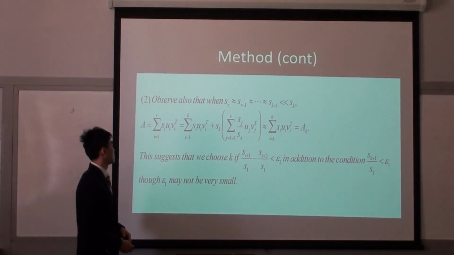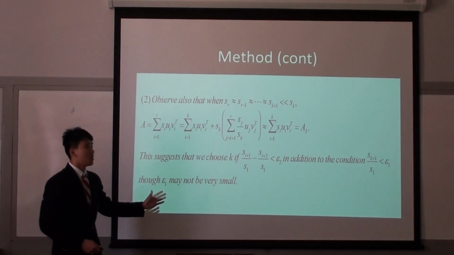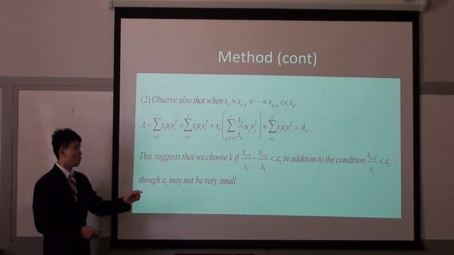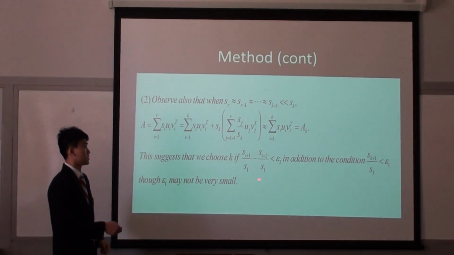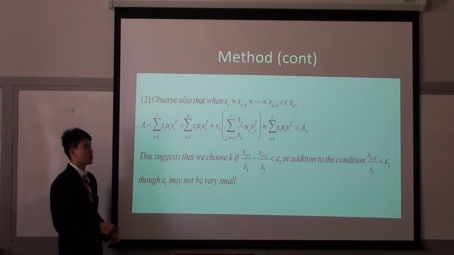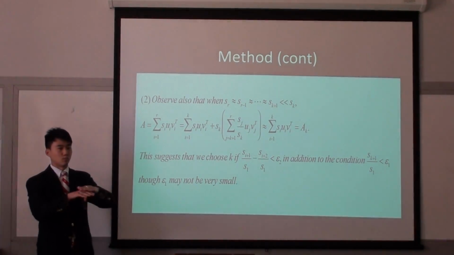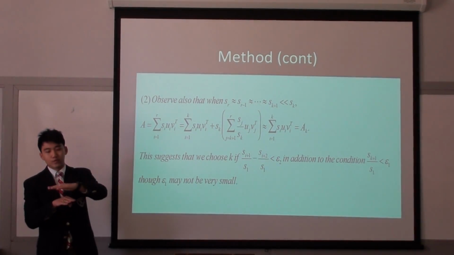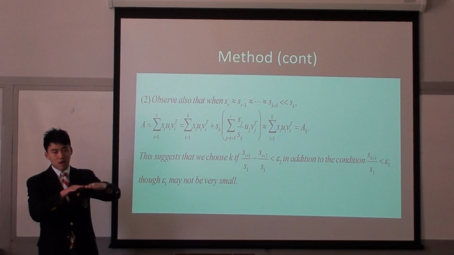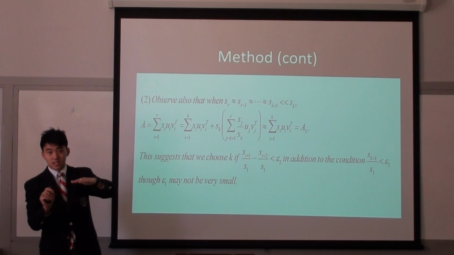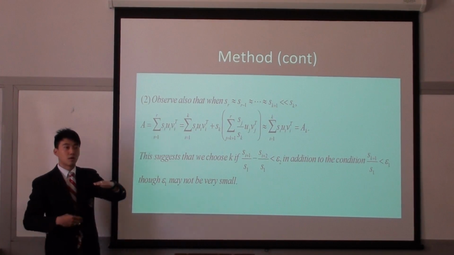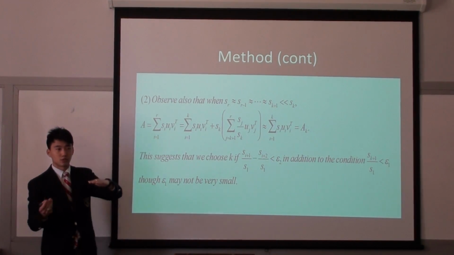So here's the method. In our method, we have two criteria called epsilon 1 and epsilon 2. Epsilon 1 sets up the range. We set a line here, and every singular value below this line, our computer will start doing the calculations.